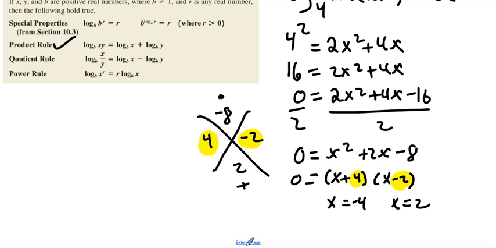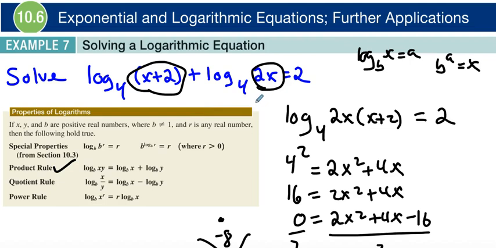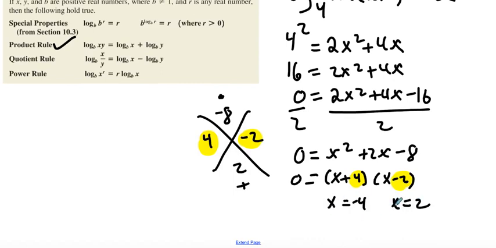So the question is, is the answer -4 and 2? Or maybe is one of them an extraneous solution? The only way to know is you have to go back up to our original equation and plug it in. Remember, our first check is we can never take the logarithm of a negative number. These answers can be negative, but when you plug it in, you cannot take a log of a negative number. So let's take -4.